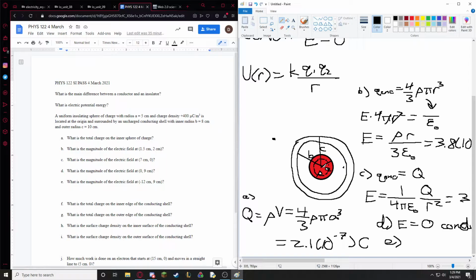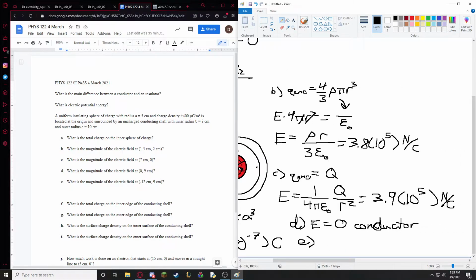Does being outside the conductor mean the electric field is 0? It's not going to be 0, but you can find it the same way by finding Q enclosed, where Q enclosed is just going to be the insulating sphere of charge, since the conducting shell is uncharged. Exactly.